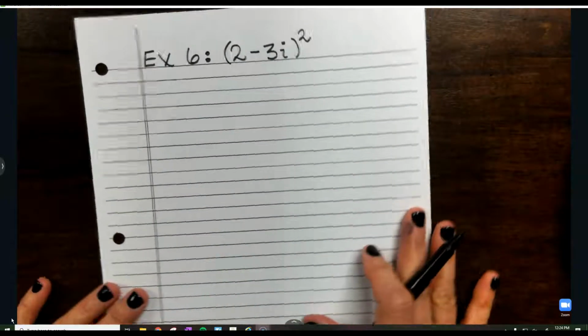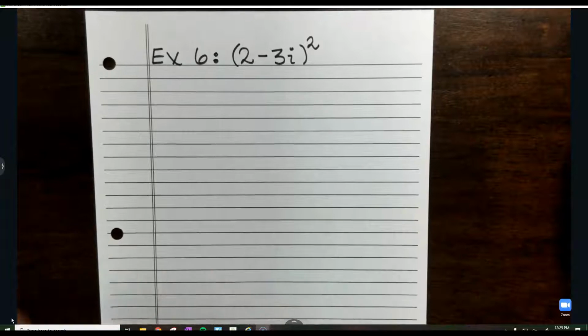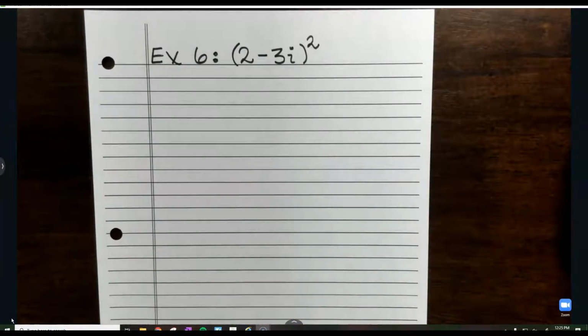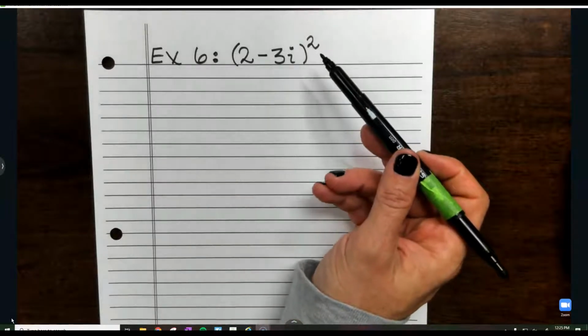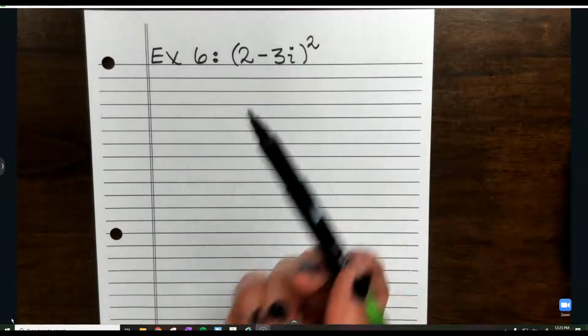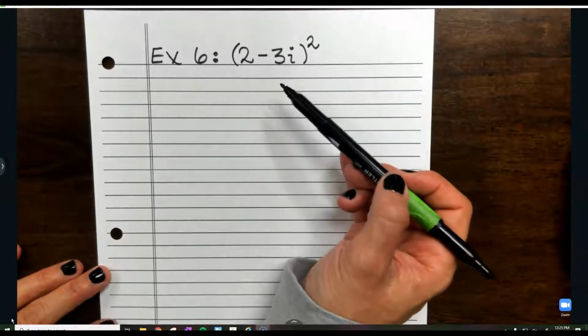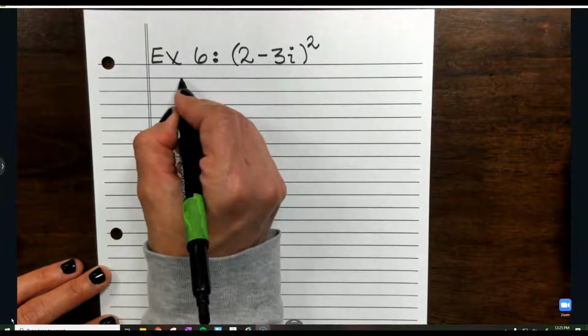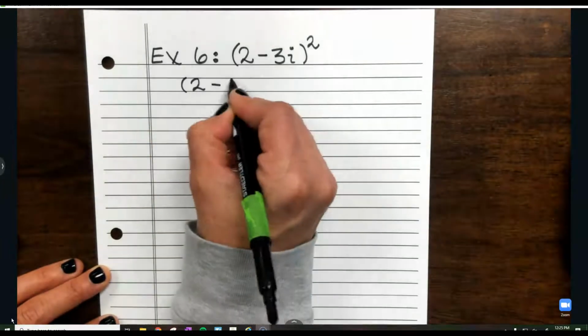Okay, so you will be asked to square a complex number. I know that I need to square this complex number because it has the exponent of 2. Y'all remember you can't just distribute that exponent. We have to FOIL. So I'm going to rewrite this in the long form.